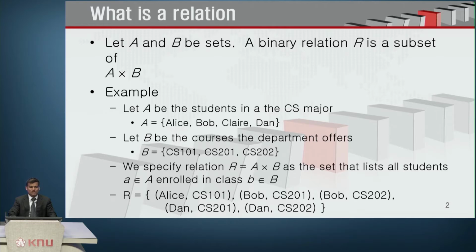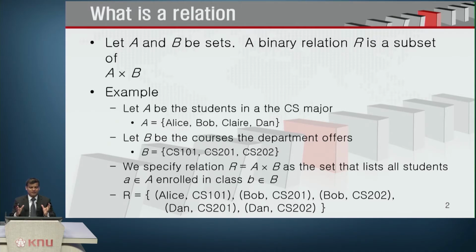Now you have a binary relation in which R equals the set that contains these related elements. For example, Alice, CS 101, Bob, CS 201, Bob, CS 202, Dan, CS 201 and Dan, CS 202.